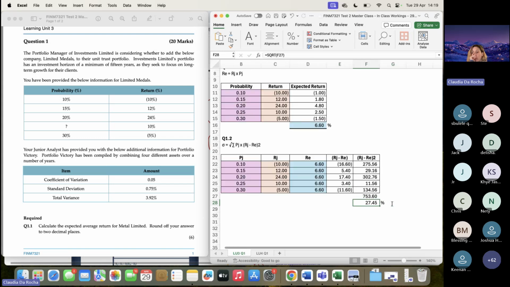Obviously, I've used Excel formulas, etc., but you would need to use your calculator.